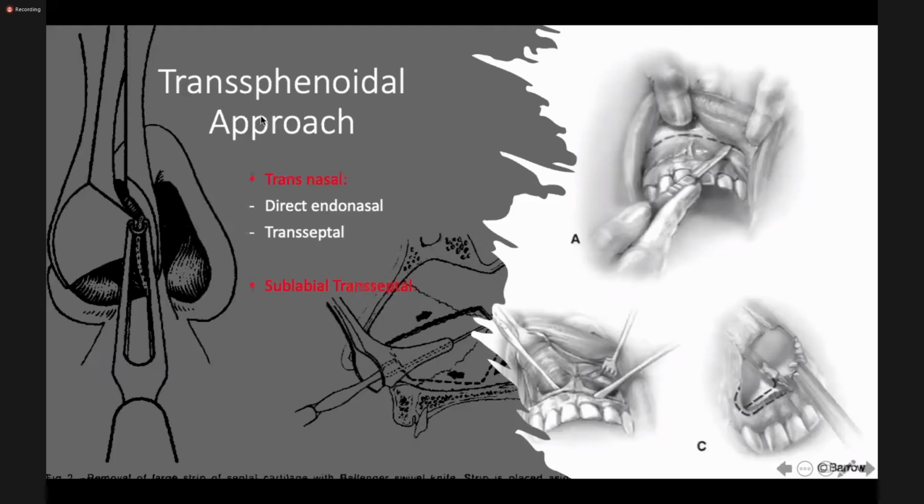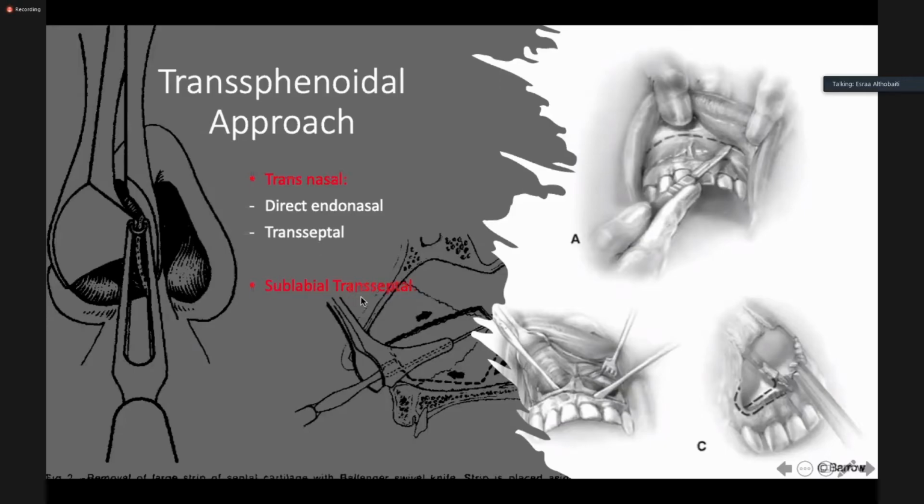Regarding the transsphenoidal approach, we have either transnasal or sublabial transseptal approach. Transnasal, we have either direct endonasal, that means we will go to the sphenoid sinus directly from the nasal cavity, or transseptal, that means we will make an incision in the nasal septum, then do something like a septoplasty, manipulate the cartilage and disarticulate it until we reach the sphenoid rostrum.